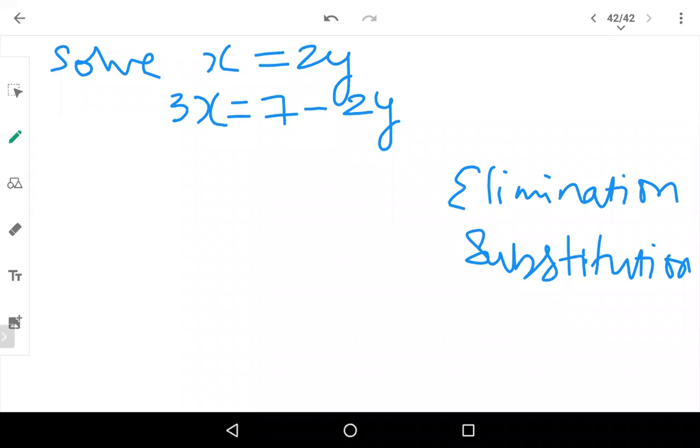Okay, I have a few answers. Many are saying substitution. Bindu says elimination. People who are saying substitution, why substitution? Why should I follow that method? Why will it become easier?